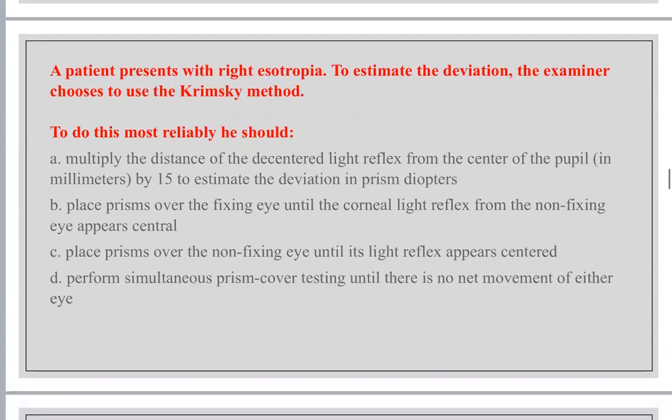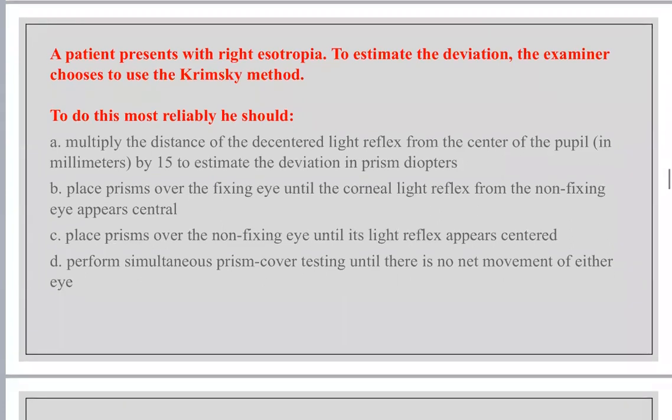A patient presents with right esotropia. To estimate the deviation, the examiner chose to use the Krimsky method. To do this most reliably, he should what? Multiply the distance of the decentered light reflex from the center of the pupil in millimeters by 15 to estimate the deviation in prism diopters?